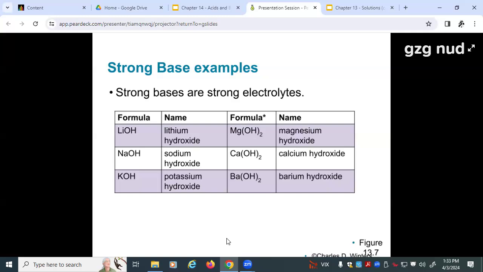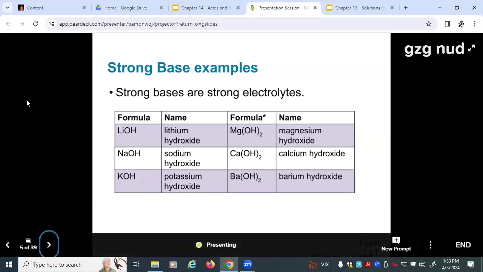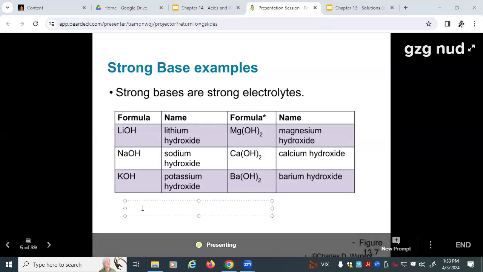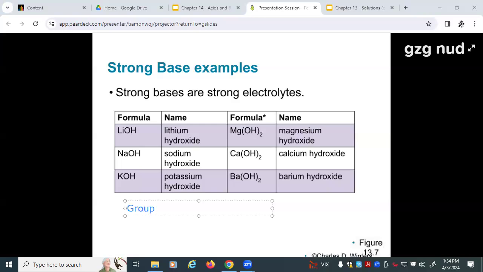And that's why they get classified as strong bases, even though their solids are not the most soluble things in the world. So again, the key here, the thing that you want to write down for the strong bases would be your group 1 and group 2 hydroxides.